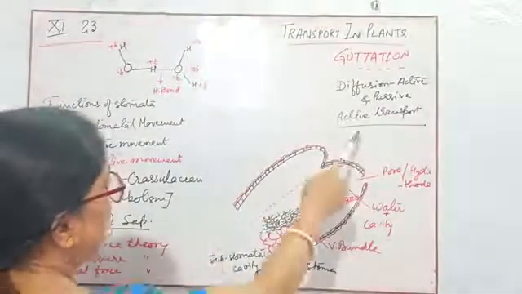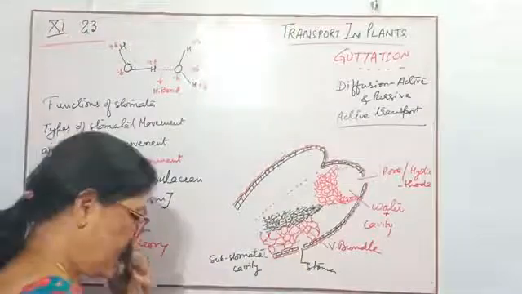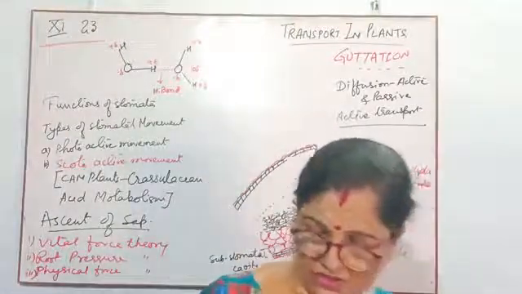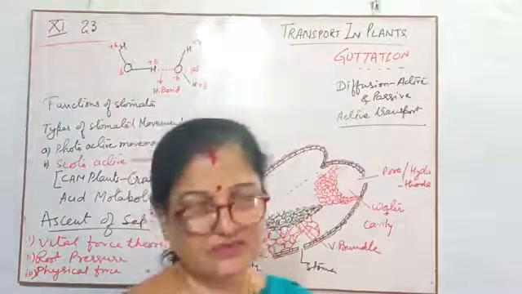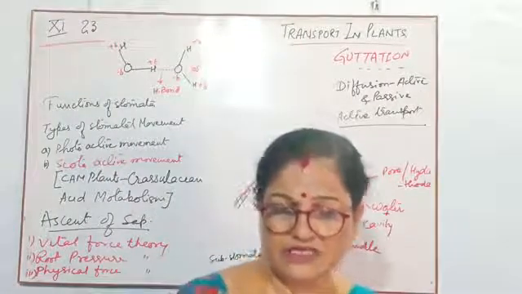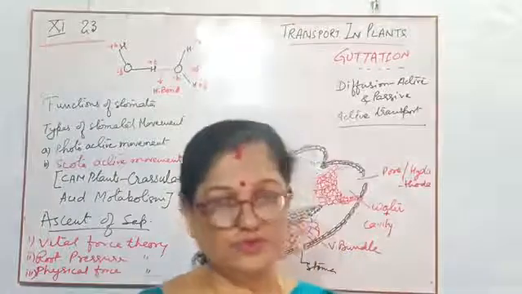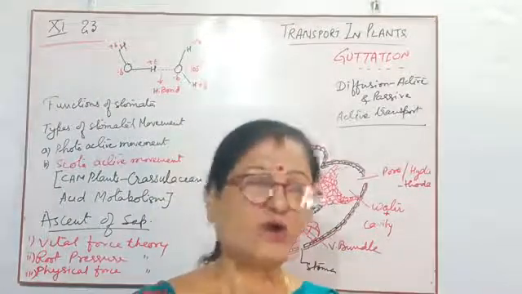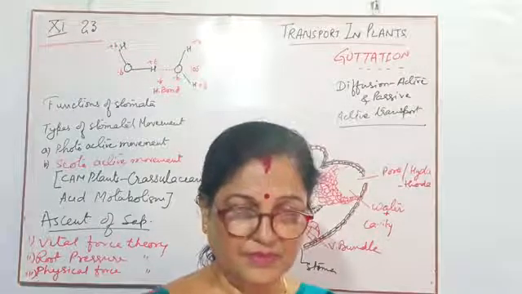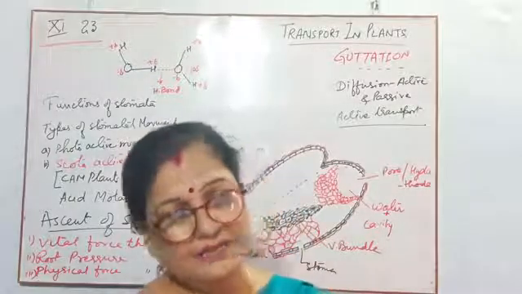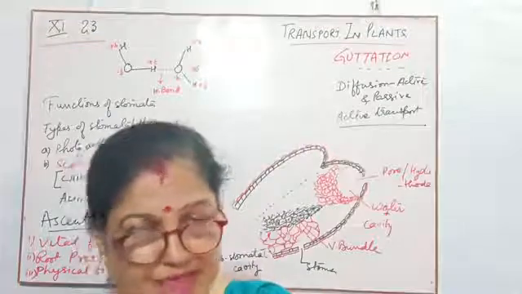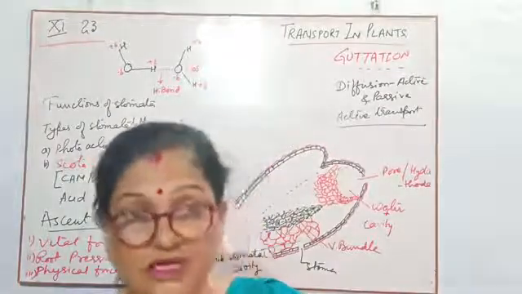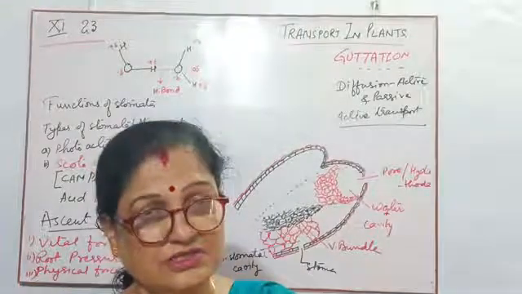Now children, active transport. According to your previous classes, active transport is also a process of absorption in which ions or minerals can be absorbed, or taken inside the plant's body, from lower concentration to higher concentration.